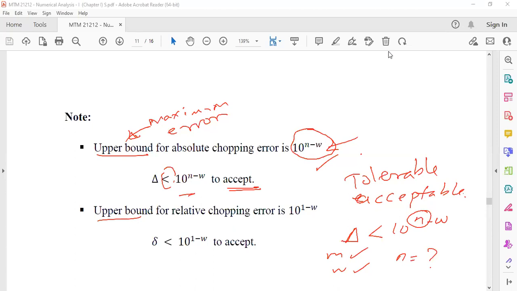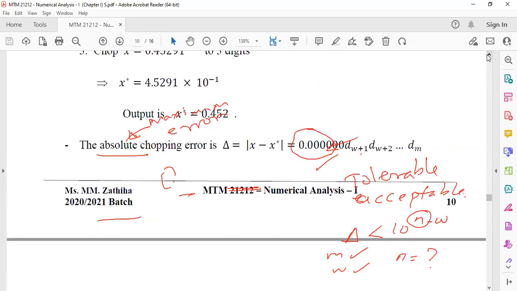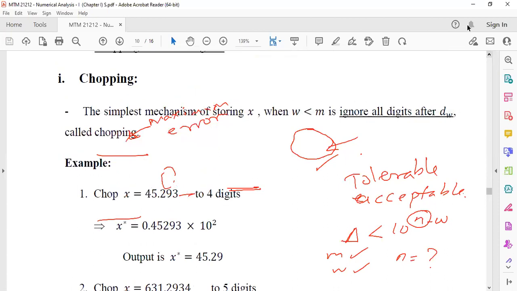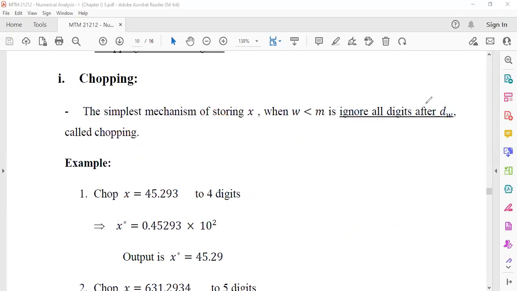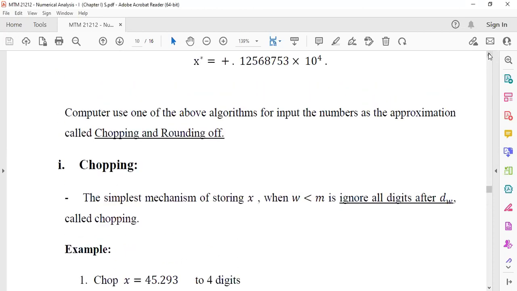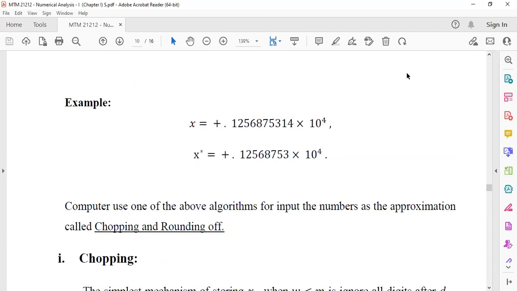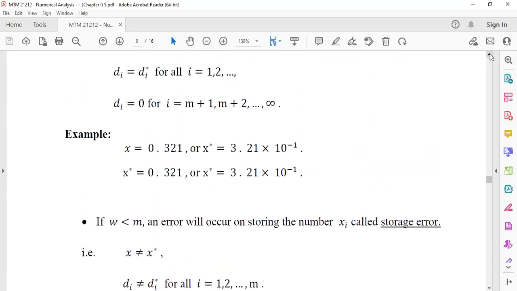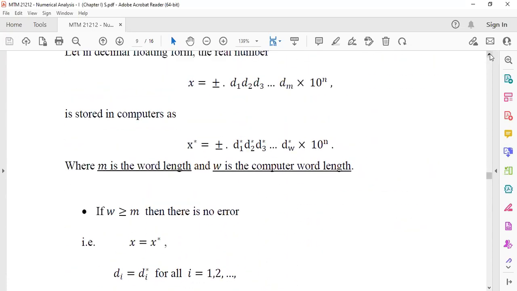So what is n here? See here, actually 10 to the power n. I'll erase this part. Then here you can see 10 to the power 4, that is a different case. 10 to the power n, keep it in your mind.